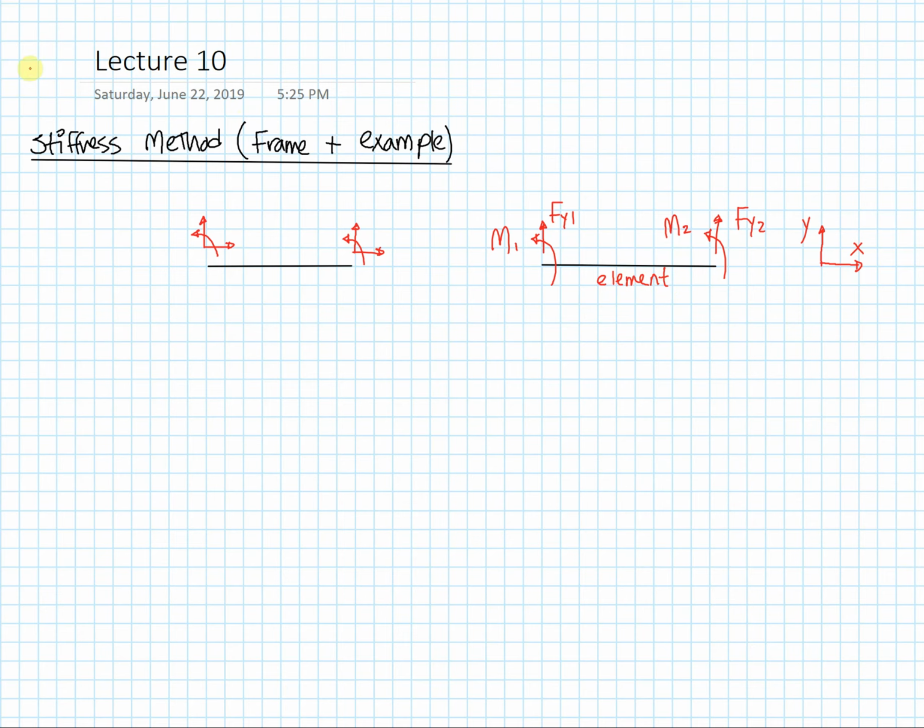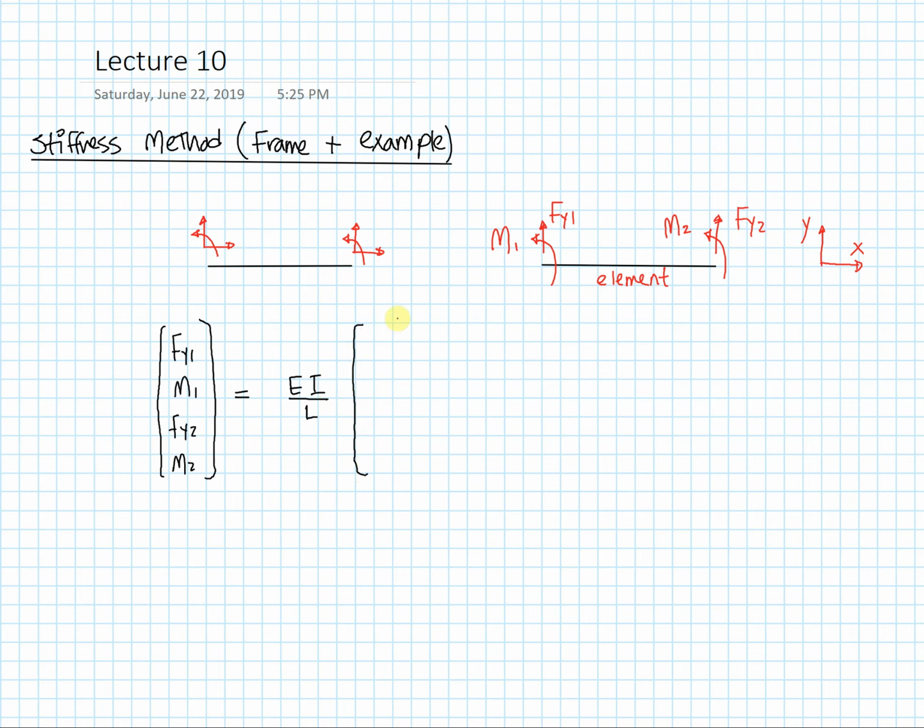We end up getting a stiffness matrix that is 4 by 4 because we have 4 local degrees of freedom. And this stiffness matrix can be described as follows. The forces are going to equal a matrix of constants multiplied by EI over L cubed.